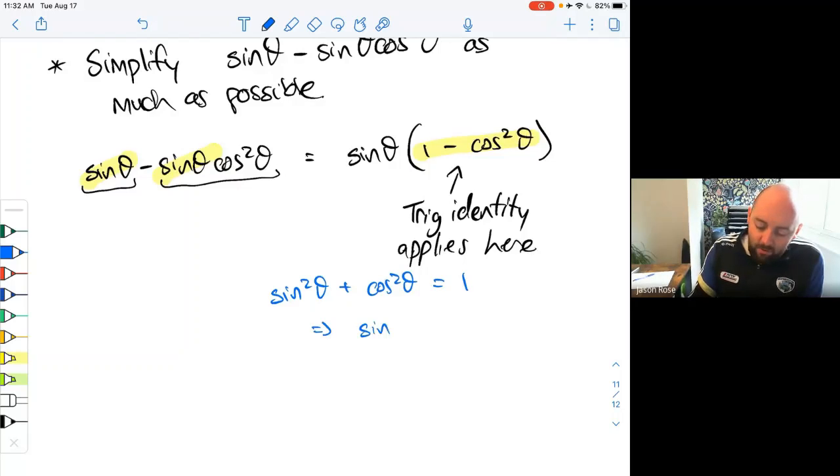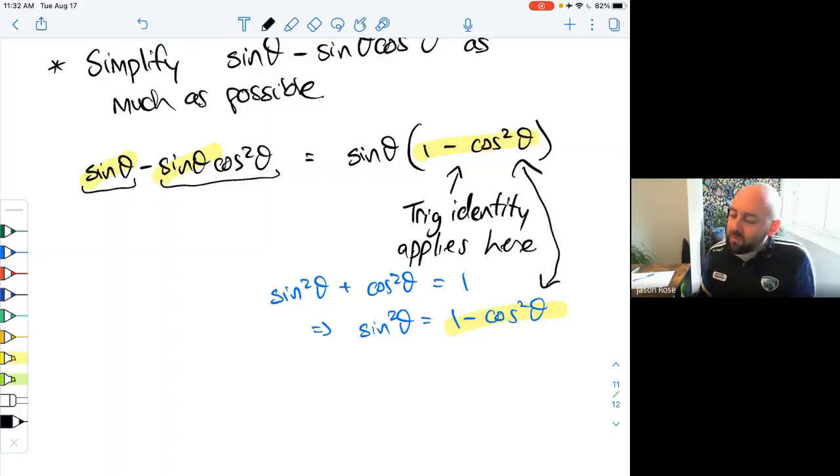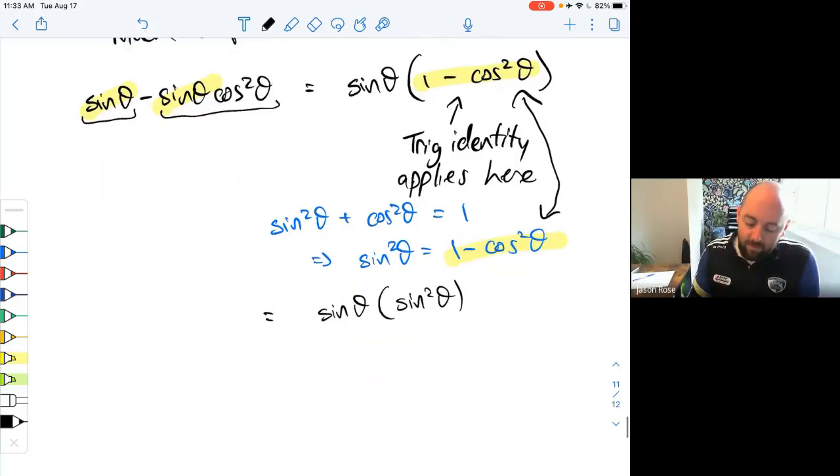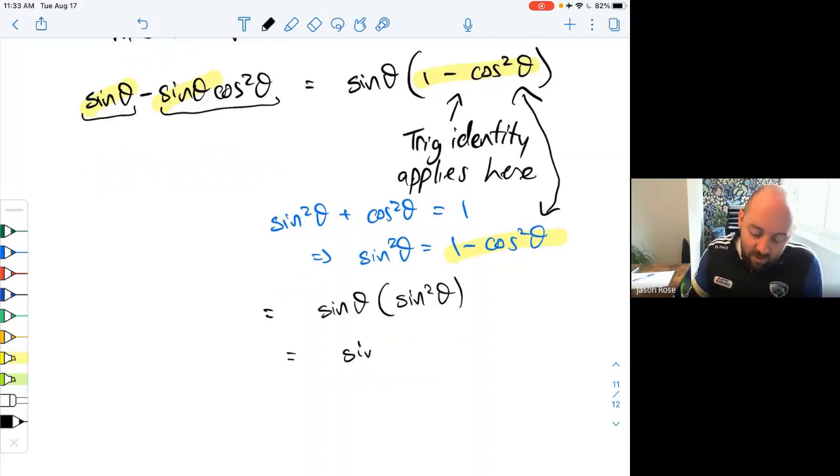Well, if I brought that cosine squared across, I would have sine squared equals 1 minus cosine squared. And that is the same as what I have here. And wouldn't it be nicer if I changed that 1 minus cosine squared for sine squared? Because then what I would have is sine theta multiplied by sine squared theta, which is simply sine cubed theta.